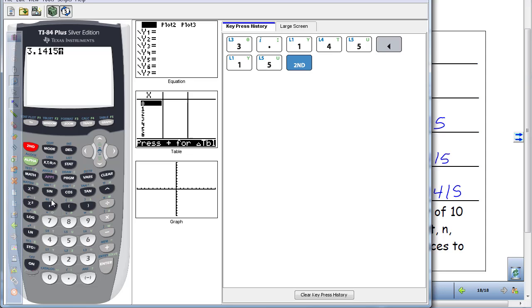We do second, on the comma key, there's that EE. It only shows one E on the screen, but let's say we do 3.1415 times 10 to the third power. Okay. Other questions about that?